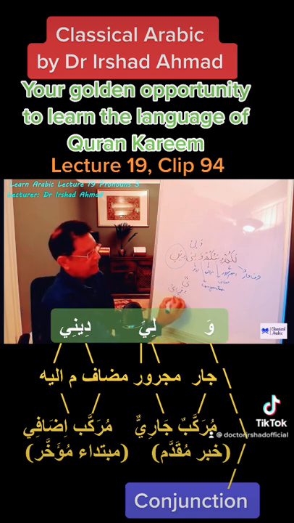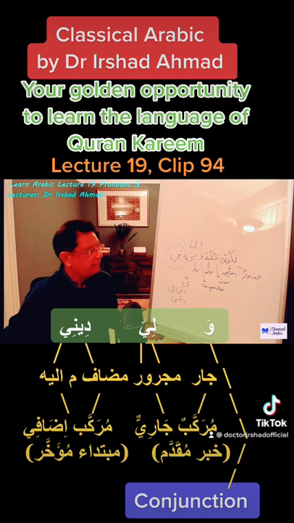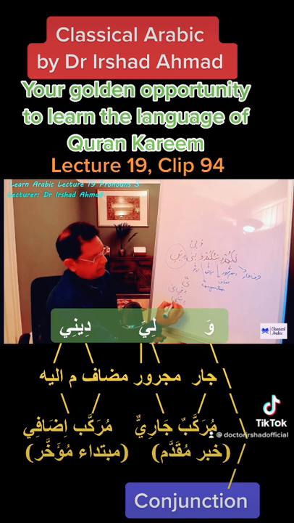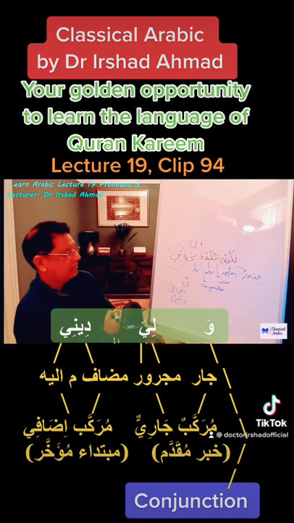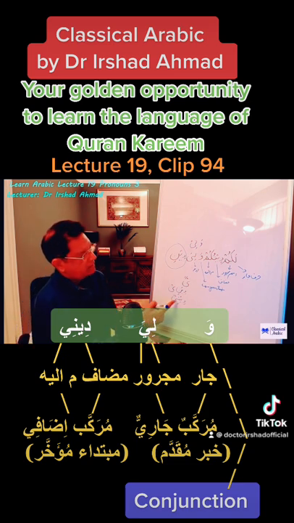And if we write these dhamair as attached, there are only two possibilities here: dini or deeniya, waliya or wali.